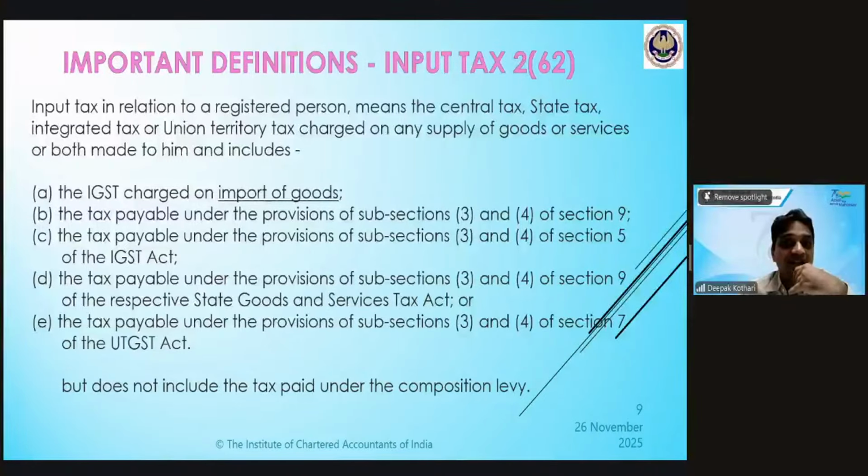So everything is a credit, not only the credit which is appearing in GSTR 2B. GSTR 2B is for local purchases. When you're buying from a person within the same state, then it is the credit which appears there. But apart from that, credit may not appear in 2B, and still you can claim the credit. Like import of goods, GST paid on reverse charge mechanism, all of that is also your input tax credit.